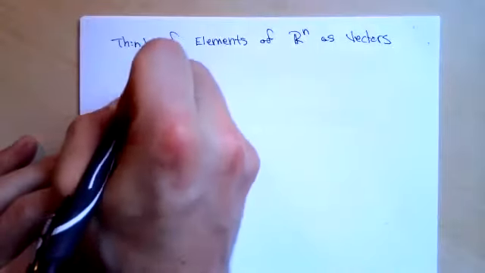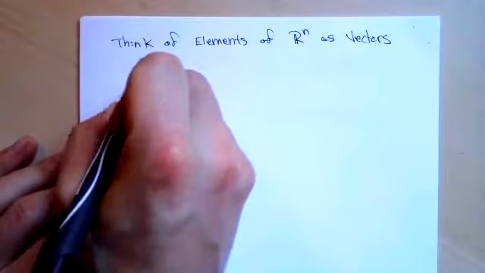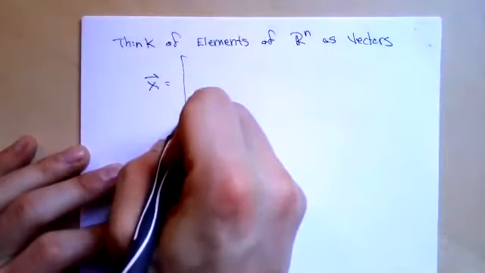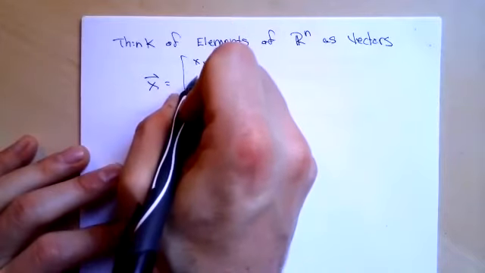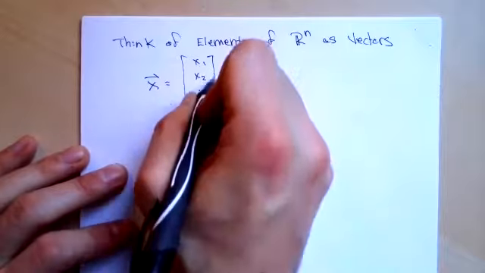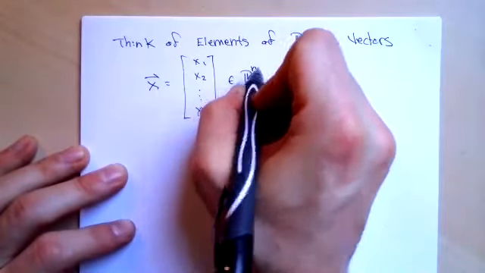We typically draw them, instead of writing OP with an arrow over it, simply with one letter, x, which we typically write as a column vector, x1, x2, down to xn, as an element of Rn.